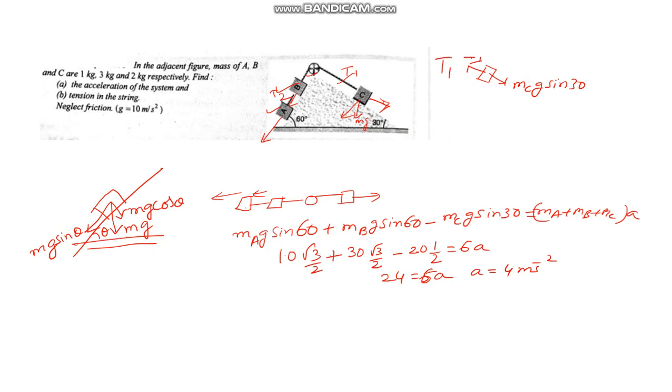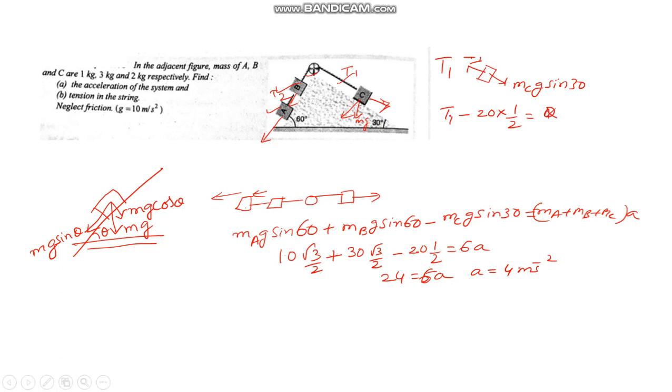Because the blocks are moving towards left, we can say that T1 minus mc, mc is 2, 20 into half, so it is 10. No, this is not equal to 0.